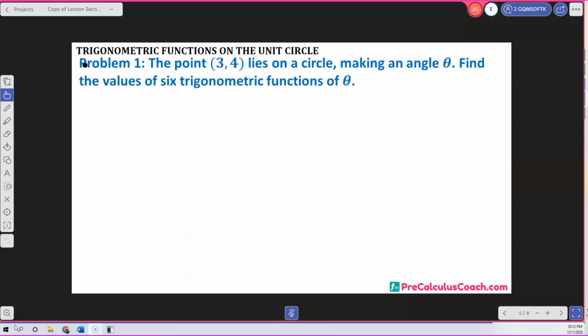Consider this problem. It says the point (3, 4) lies on a circle, making an angle theta. Find the values of the trig functions of theta. So we're going to go ahead and draw your y-axis and then your x-axis.